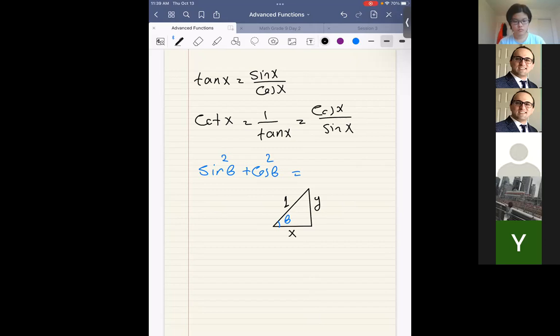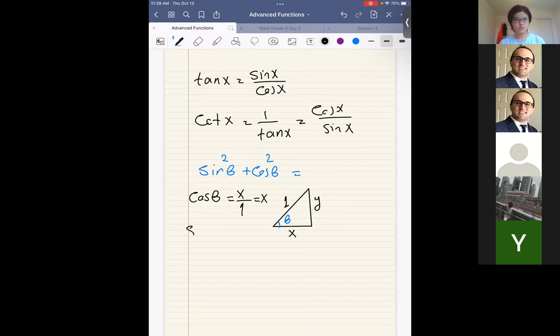So we saw that by definition, cosine of theta is what? In this picture, what is cosine of theta? Cosine is x, x over 1, which is equal to x.